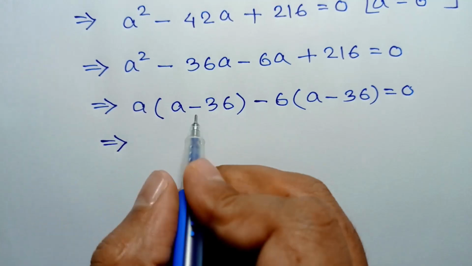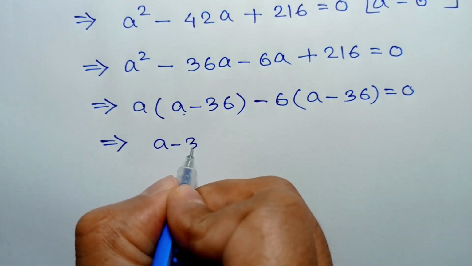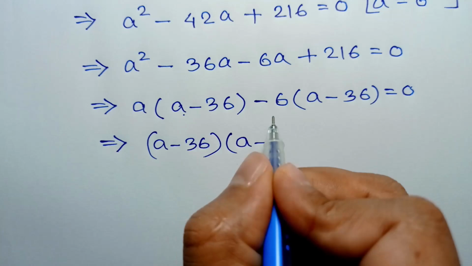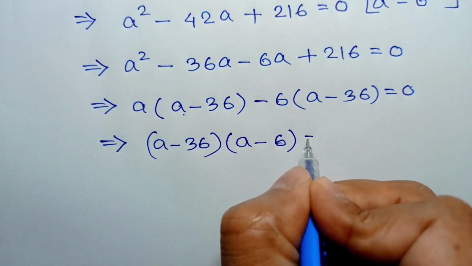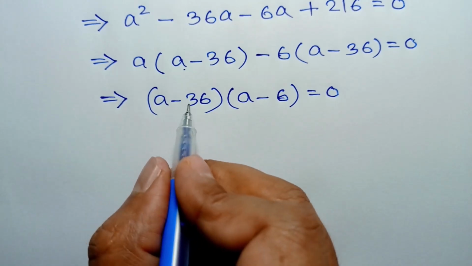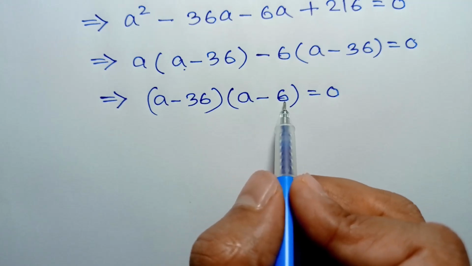Taking common a minus 36, we can write a minus 36 times a minus 6 is equal to 0. So a minus 36 is equal to 0, or a minus 6 is equal to 0.